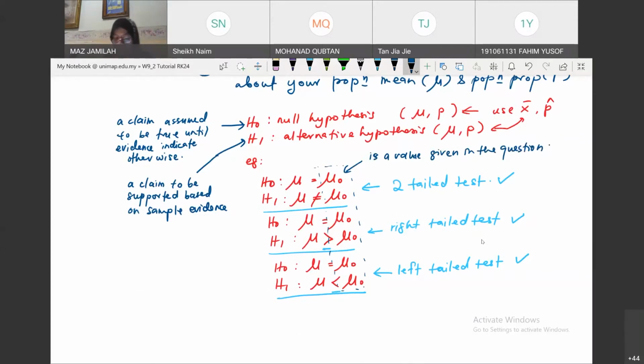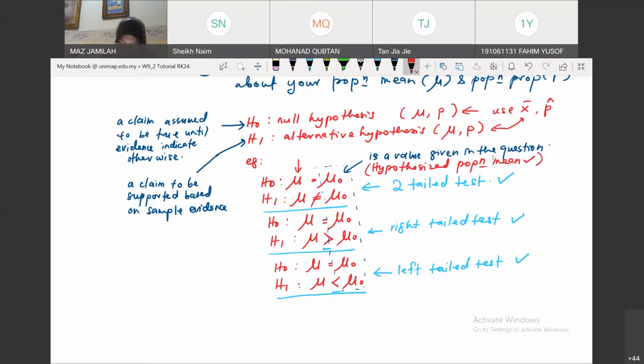This value is what we call the hypothesized population mean. Why hypothesized? We are testing this value, whether the mu that we are looking for, in our investigation to make a decision, is actually the same as the value that we are testing. So that's why we call this the hypothesized population mean.